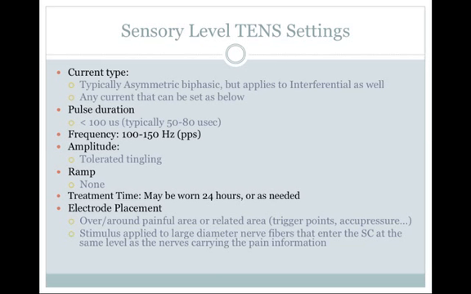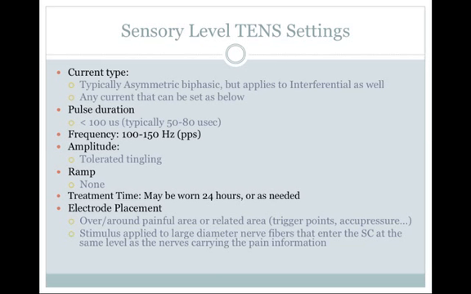But it can be just any type of current that you can set the settings for, like we're going to see here below. And the settings more or less apply to interferential as well. We'll talk later about interferential in particular, but you'll see that it's kind of similar.